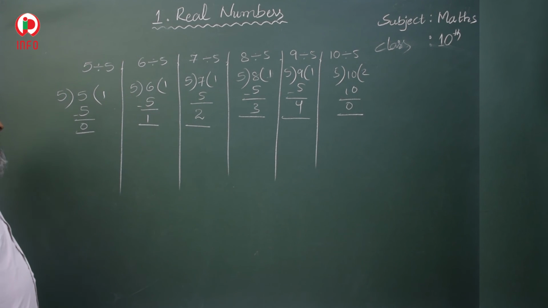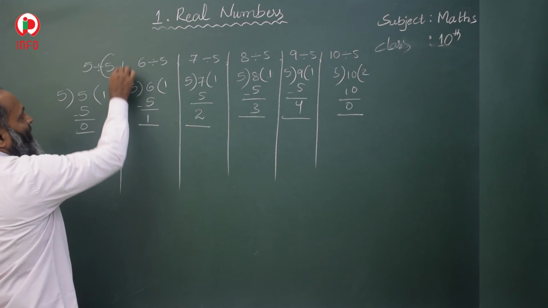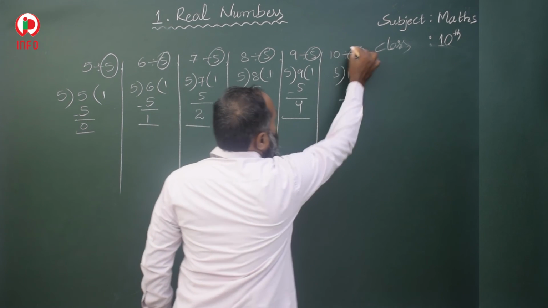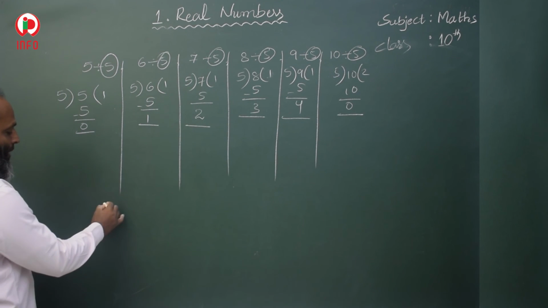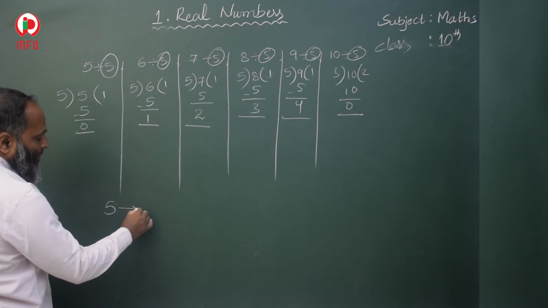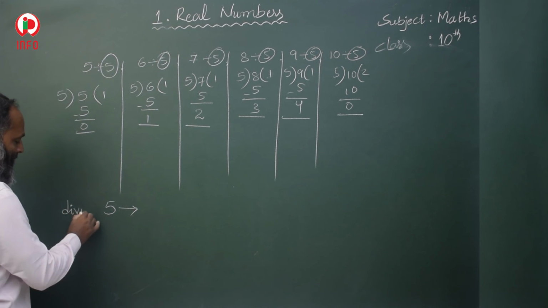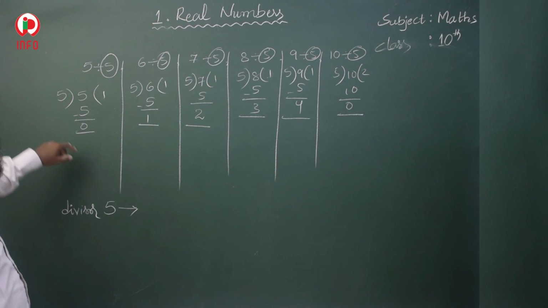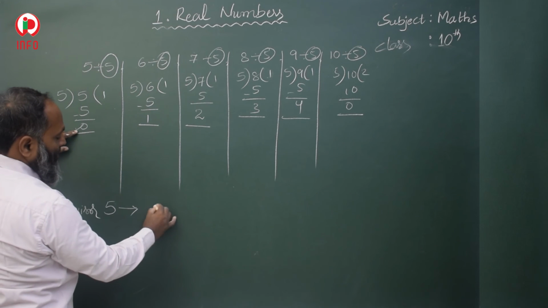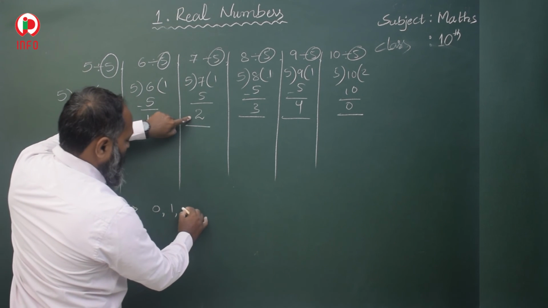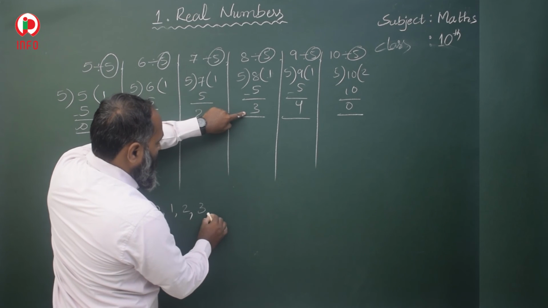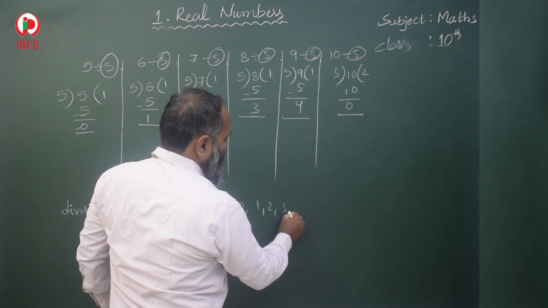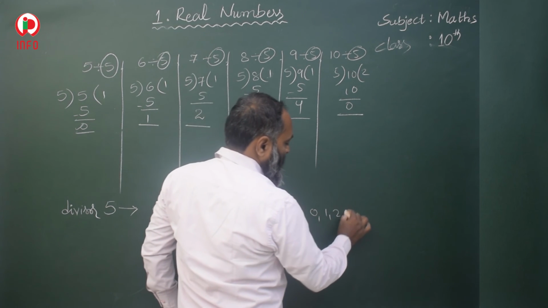See here, when we divide with 5, in all these cases, what are the remainders? The remainders are 0, 1, 2, 3, 4, again 0, 1, 2, 3, 4, and again 0, 1, 2, 3, 4.